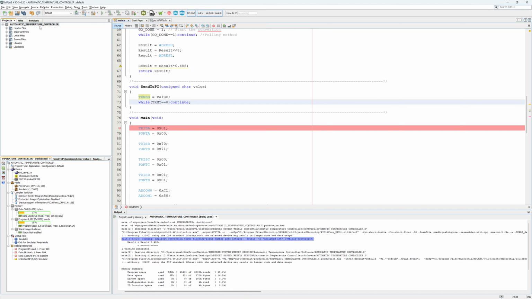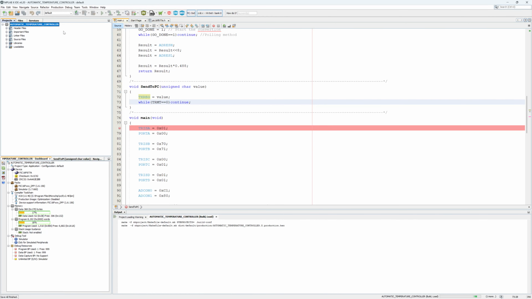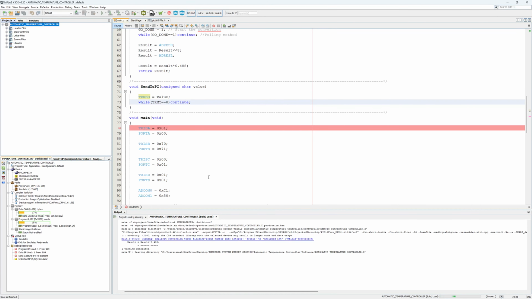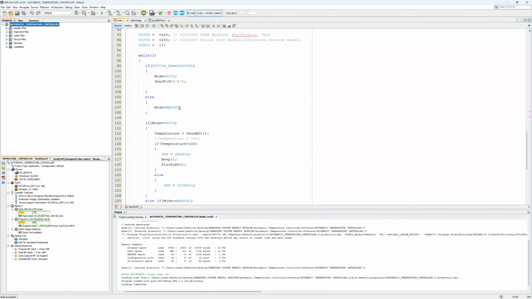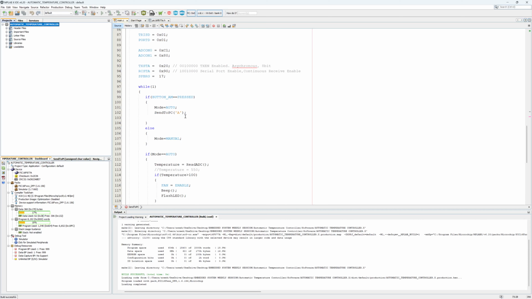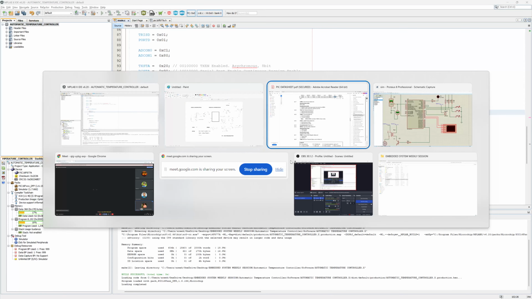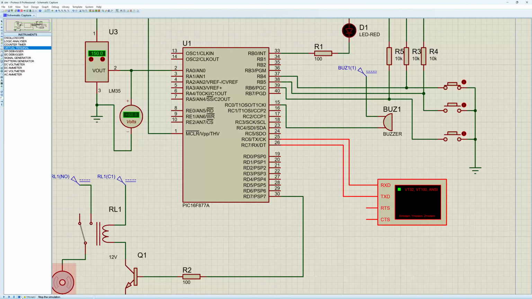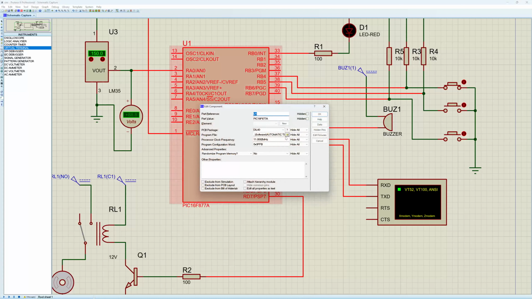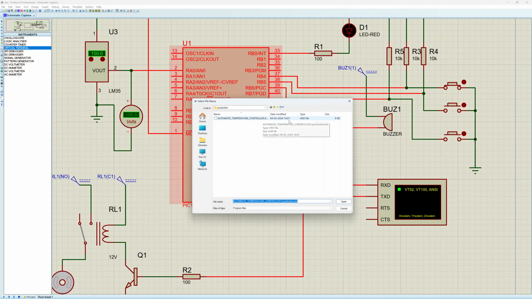Let's see whether our code is working fine or not. I am building it. So what should happen? After pressing the button, we need to see A transmitting over there. We need to receive A. Let's load the program. I'm just checking whether it is the updated code.